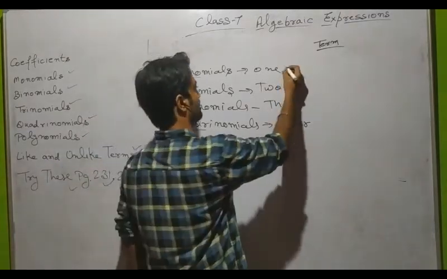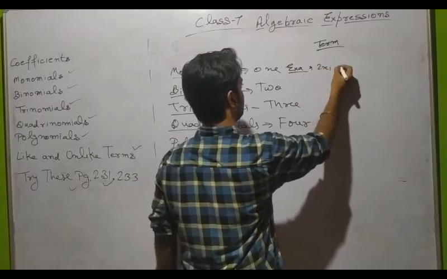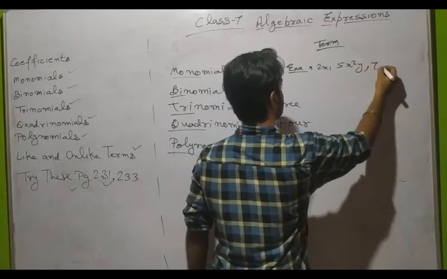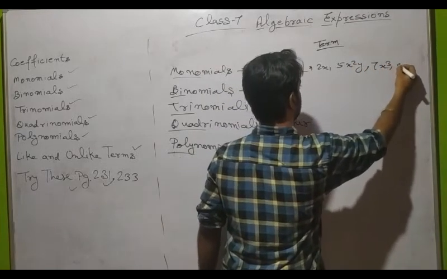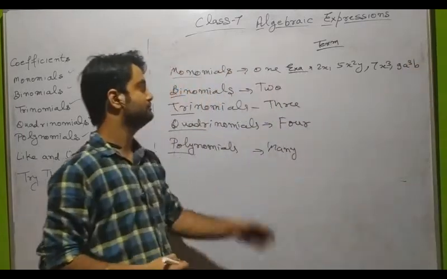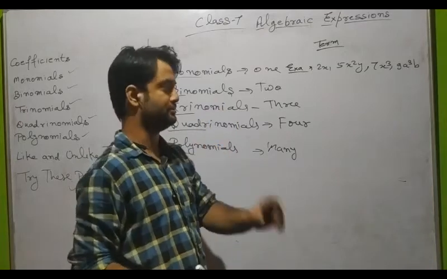Like if I am talking about examples, then 2x, 5x square y, 7x cube, 9a cube b, these all are what? Monomials, because they contain only one term.